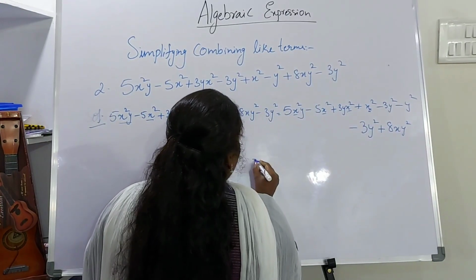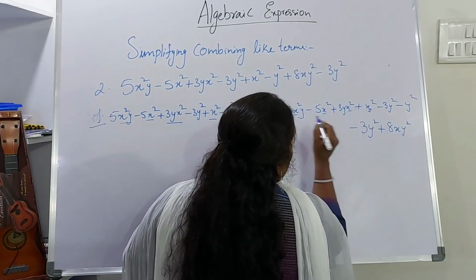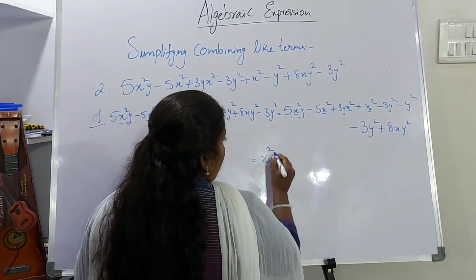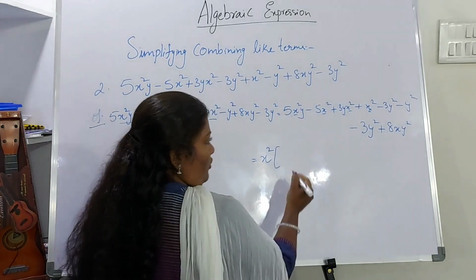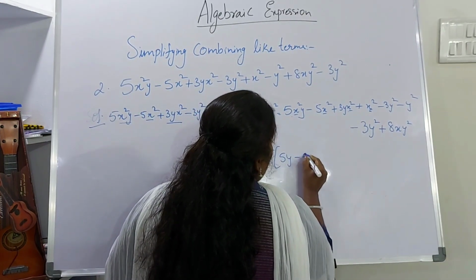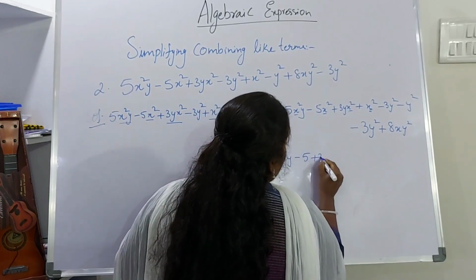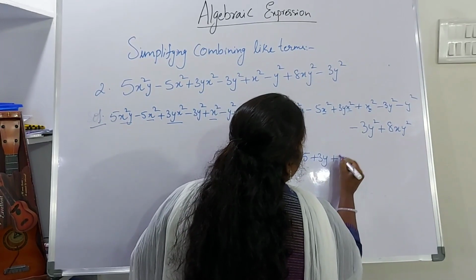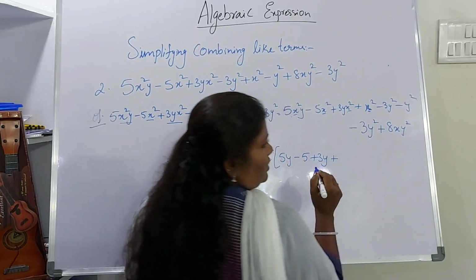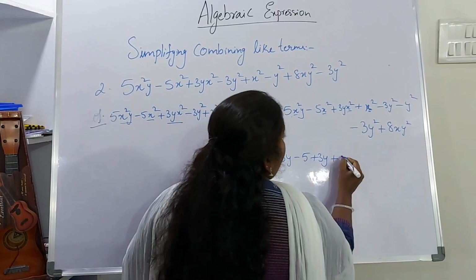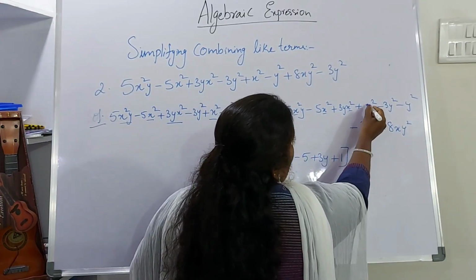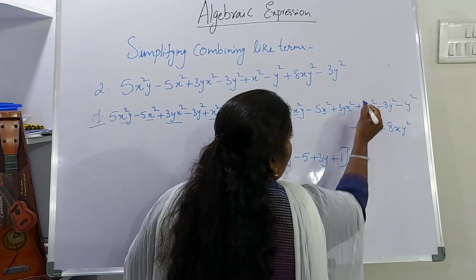So in these 4 terms x square is common, so I am taking x square out and writing the remaining coefficient. So it is 5y minus 5, and here it is plus 3y plus, now here you have only the x square term, you don't have any coefficient, that means the value is 1. So whenever you have a variable, there is a coefficient of 1.